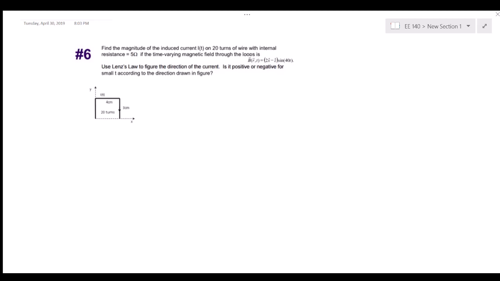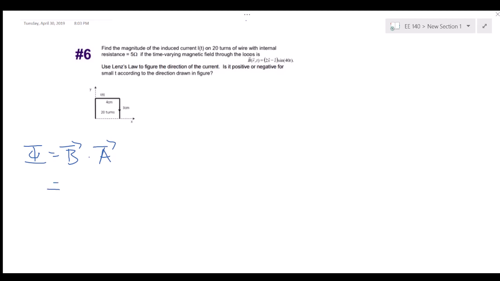First thing we're going to do is calculate the magnetic flux. The magnetic flux is the product of the average magnetic field times the perpendicular area that it penetrates.